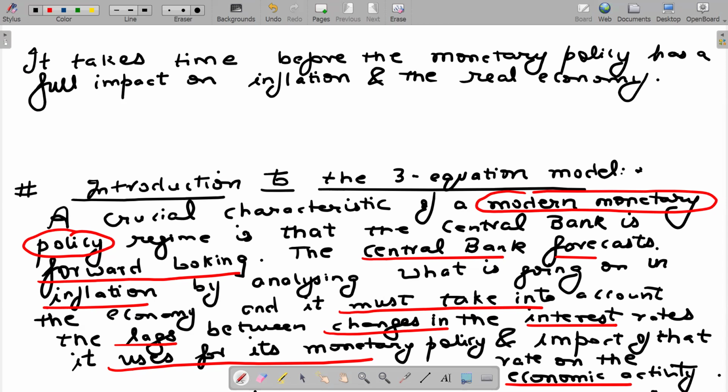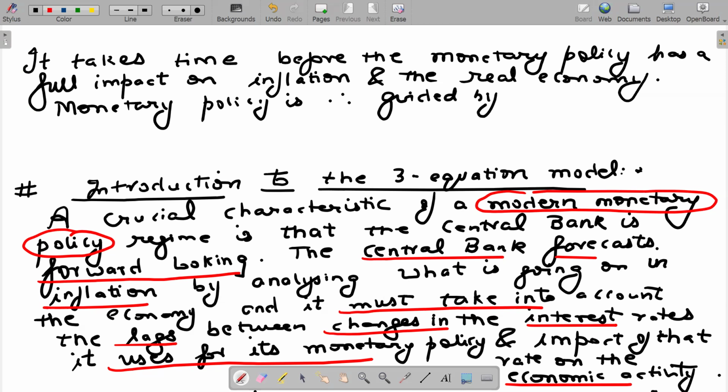Okay, so I can further write that monetary policy is therefore guided by forecasts for economic development. It is therefore guided by the forecasts for economic development.